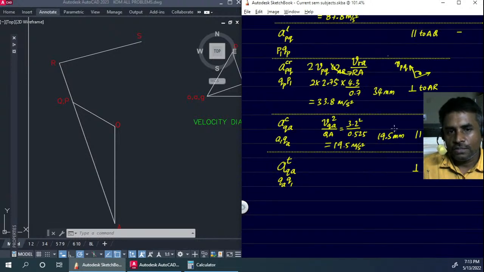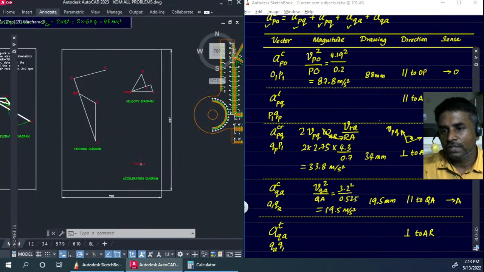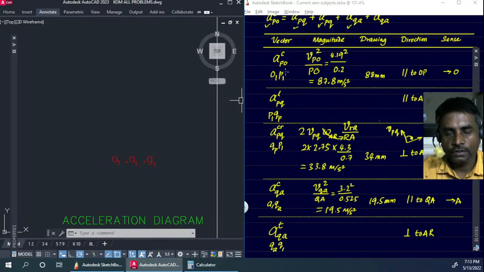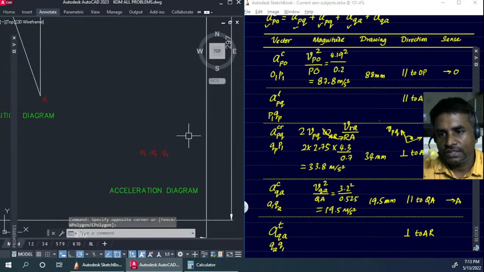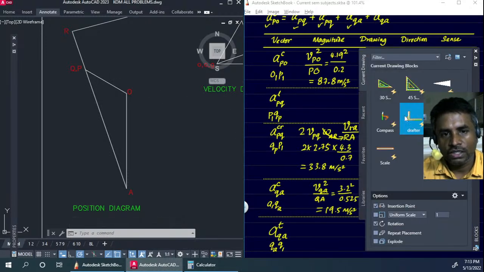So at this point we have done all the calculations required, and we can start actually drawing the acceleration diagram. So we can see here that we'll have to start with this point. So O1 point we already have here, and we'll have to reach the point P1 by drawing a line parallel to OP for the length 88, and that's going to be towards O. So this is the line we need.